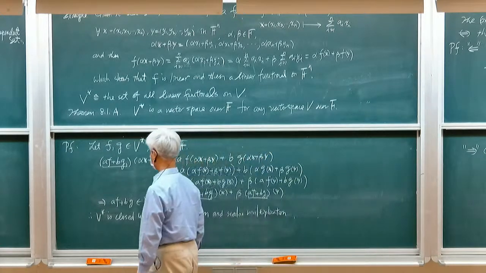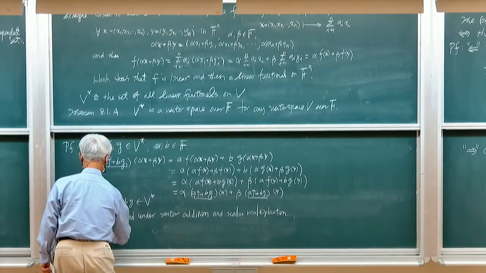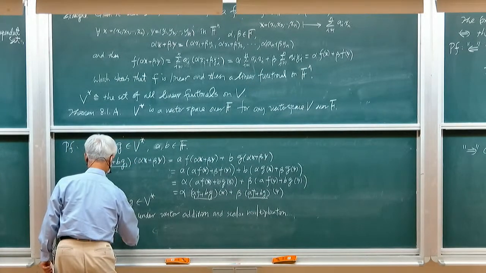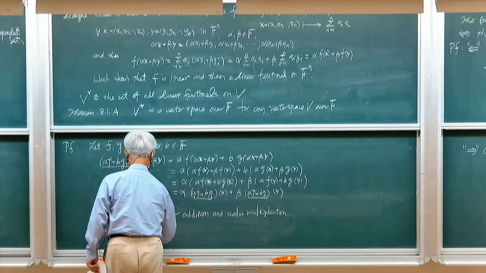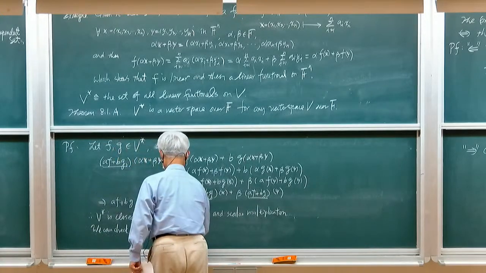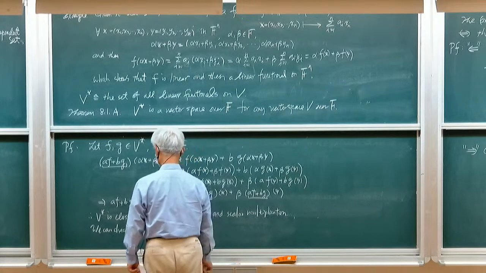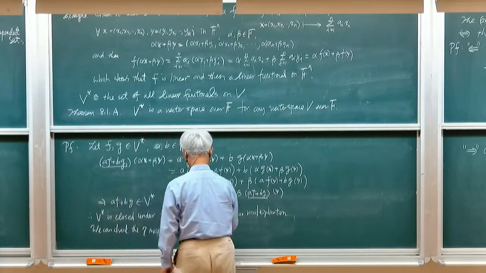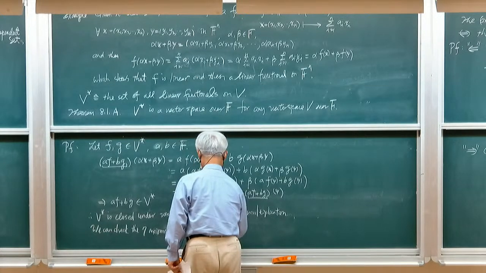Okay, and we can check those 7 axioms are valid for V star.